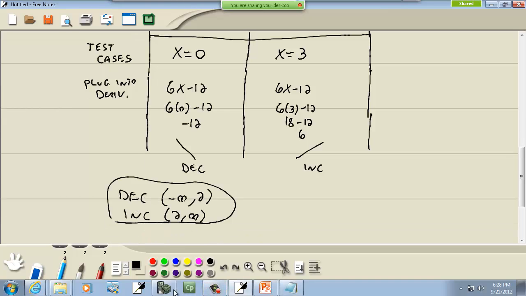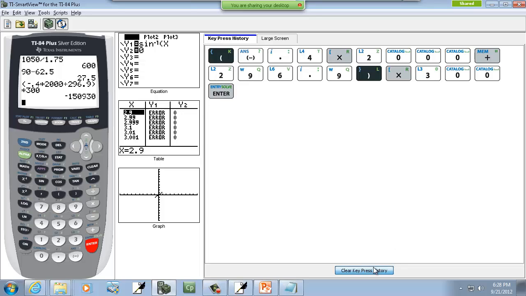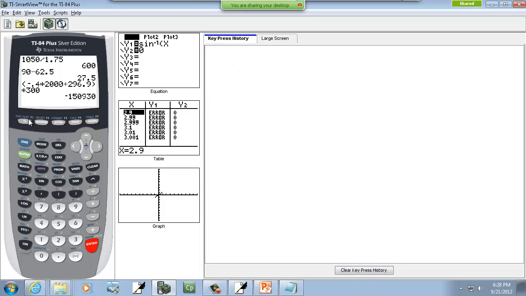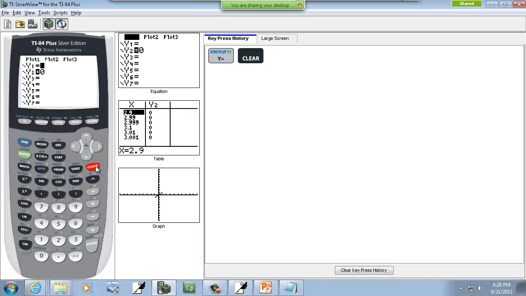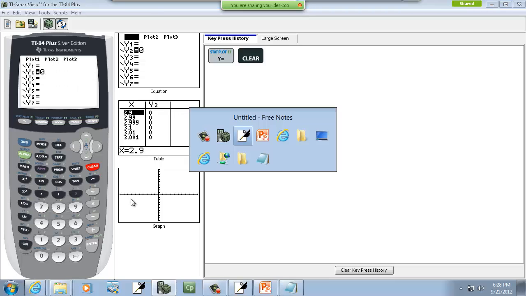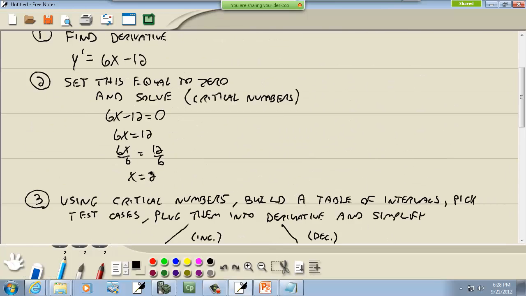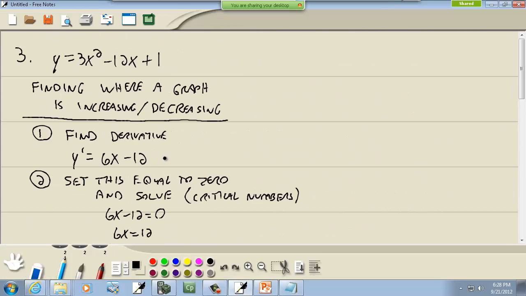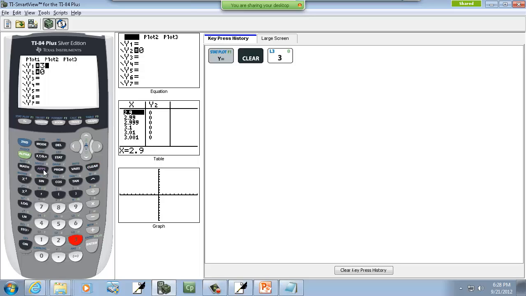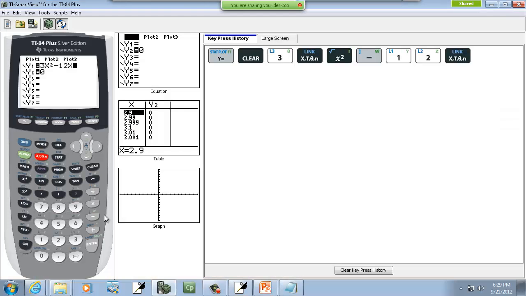Now it talks about using the calculator to check this. If I press y equals and press clear, if we go back up to our initial problem, we had y is equal to 3x squared minus 12x plus 1.